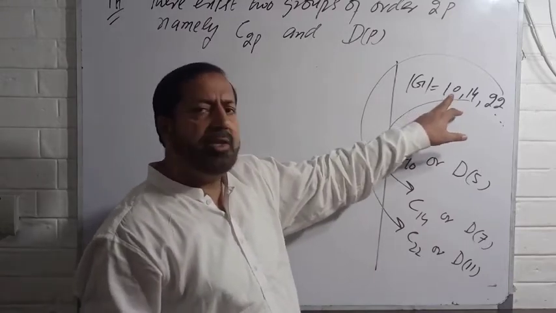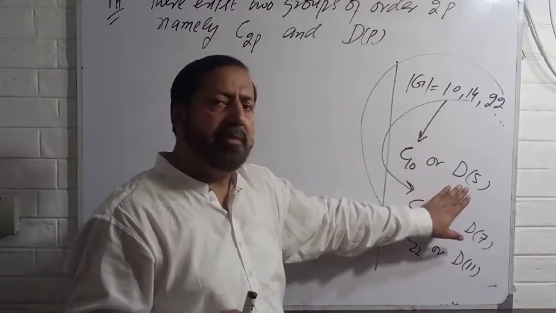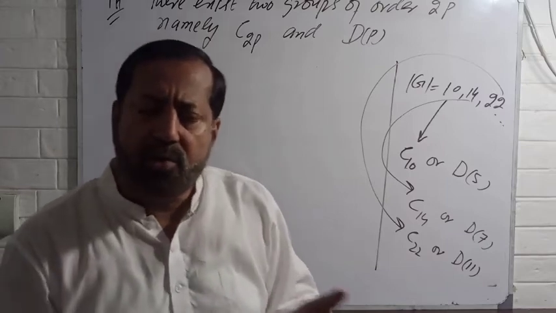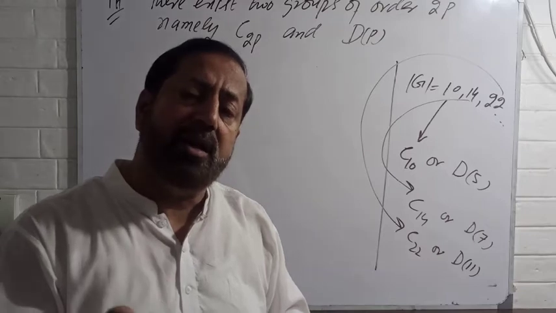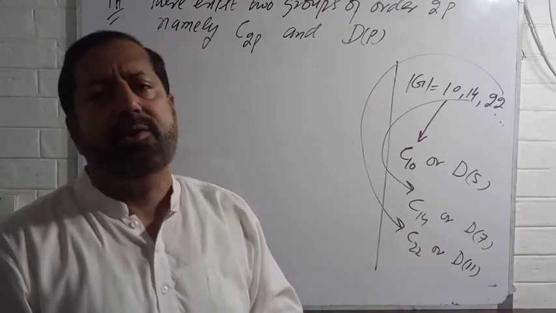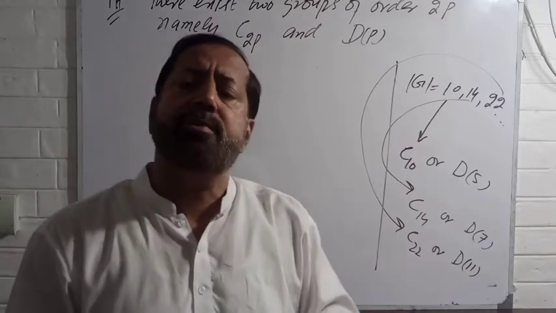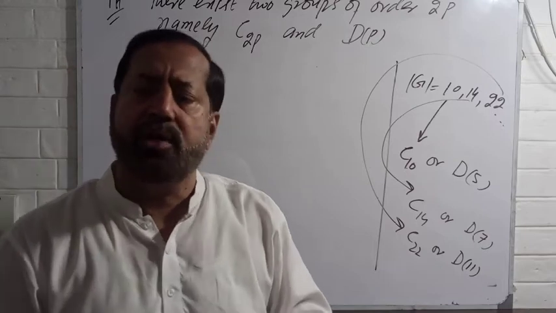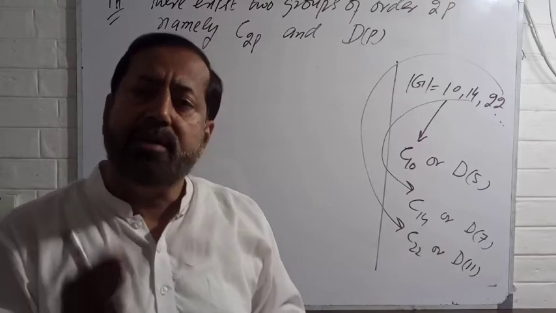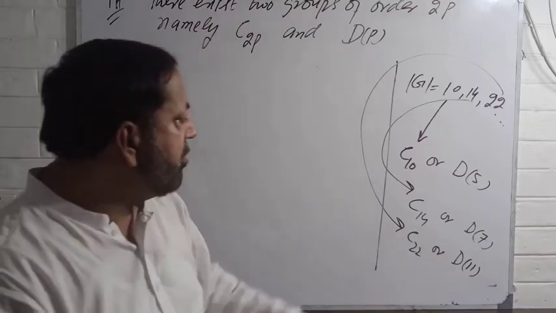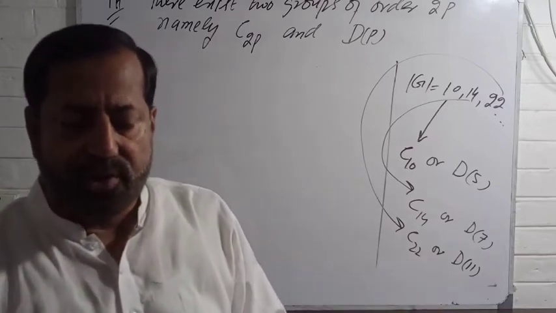So there exist two groups of order 10. One is C10 and the other is D5. This means that whenever you have a group of order 10, then that group is either isomorphic to C10 or it is isomorphic to D5.